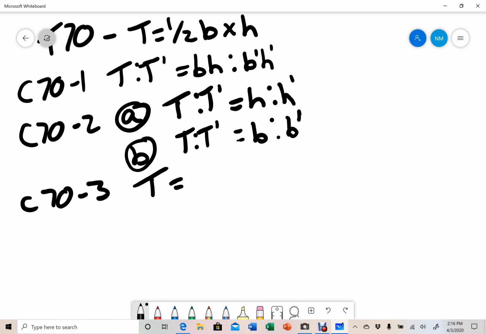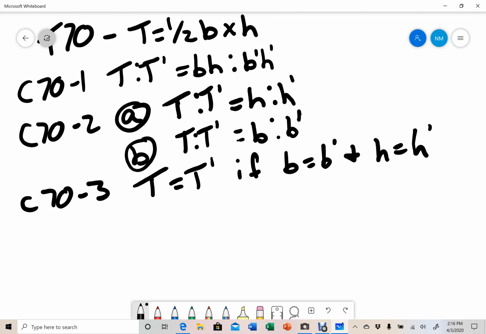T equals T if B is equal to B and H is equal to H. So if I'm trying to prove the two triangles equal, and I know that their bases and their heights are equal, then I can automatically call them equal together. So that is comparing triangles, area of a triangle.